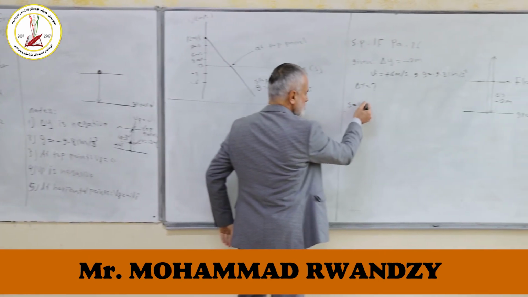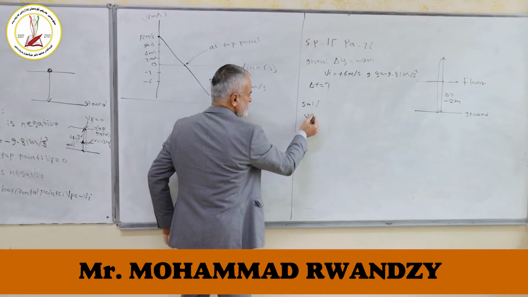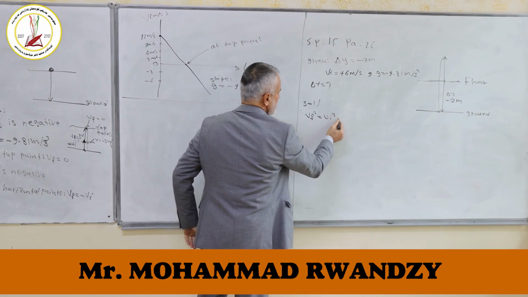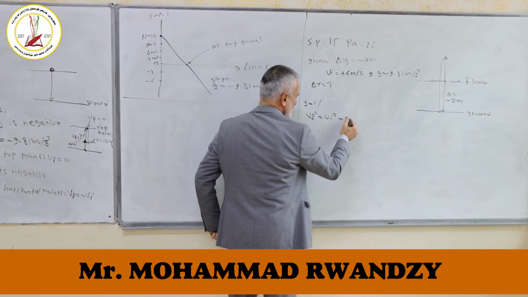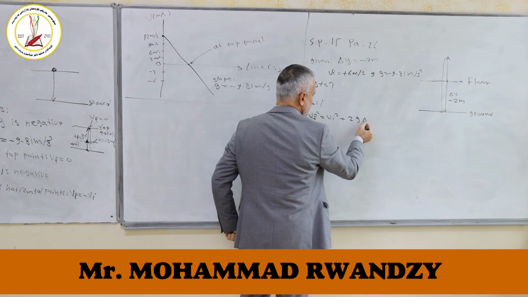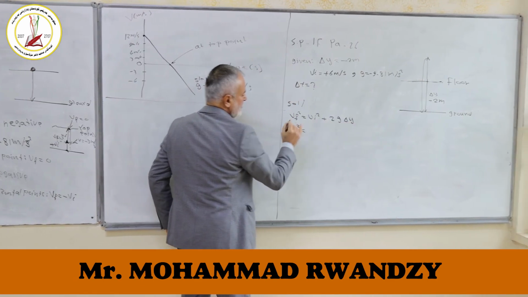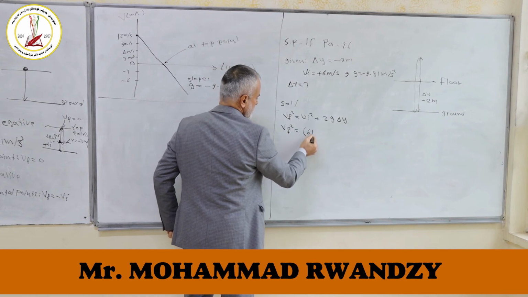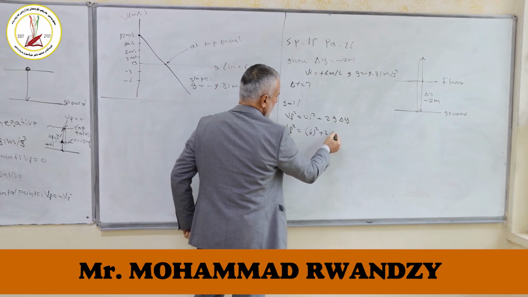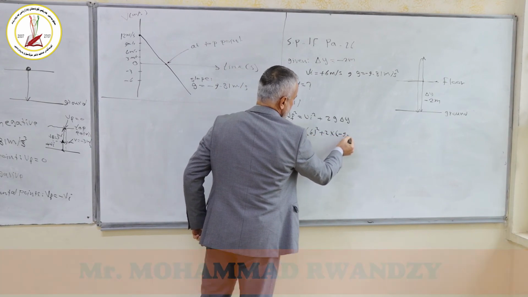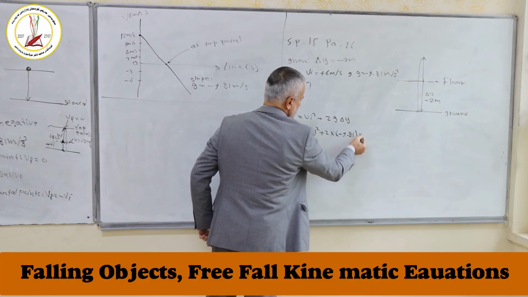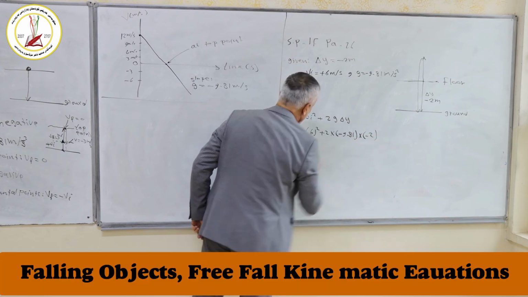Then the solution: v final squared equals v initial squared plus 2g delta y. V initial is 6, squared, plus 2 times negative 9.81 times negative 2.